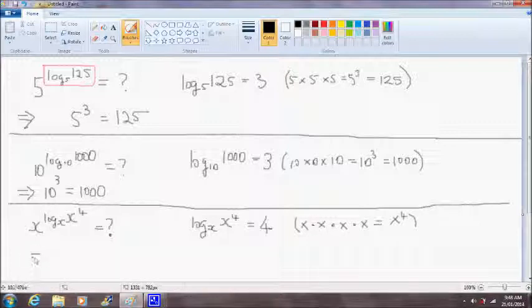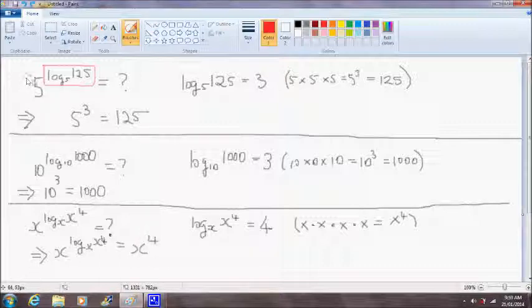So that will give us the answer of log to the base x of x to the fourth equaling x to the fourth.